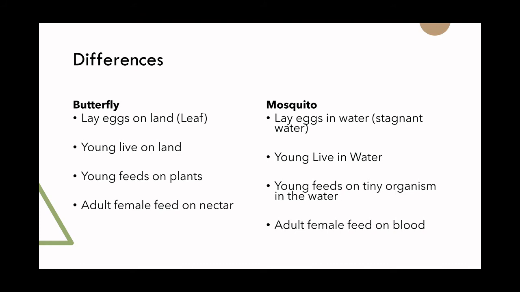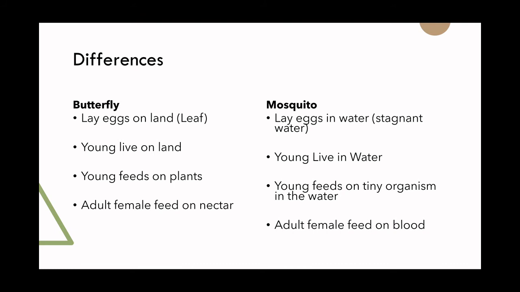For the caterpillar, which is the larva stage of the butterfly, they live on land. For the mosquito larva stage, which is the wriggler, they live in water. That's another difference. The caterpillar feeds on plants. The mosquito young, which is the wriggler, feeds on tiny organisms. So one is a plant eater, one is an animal eater.